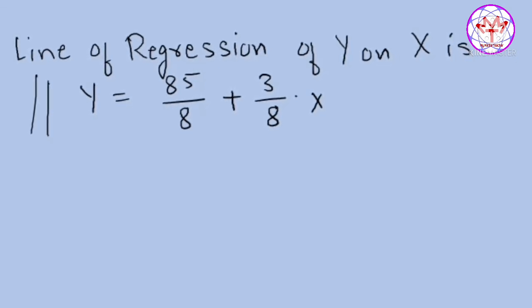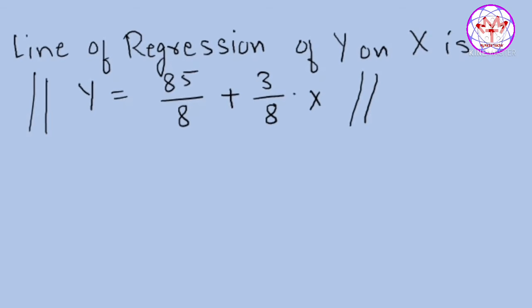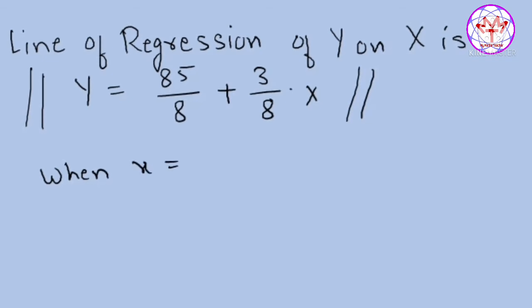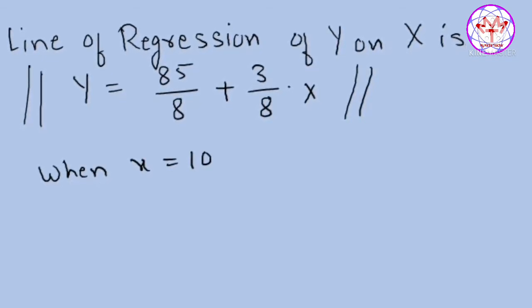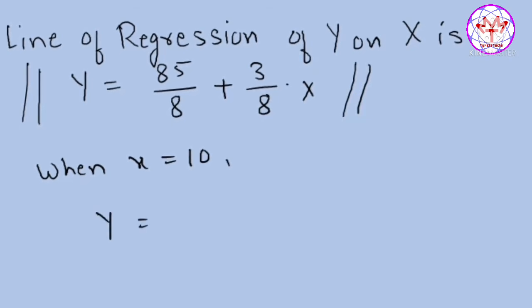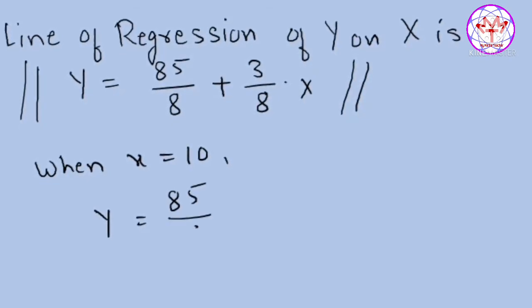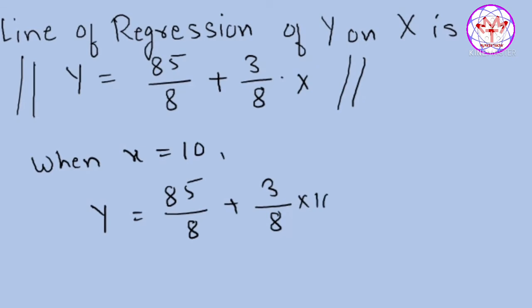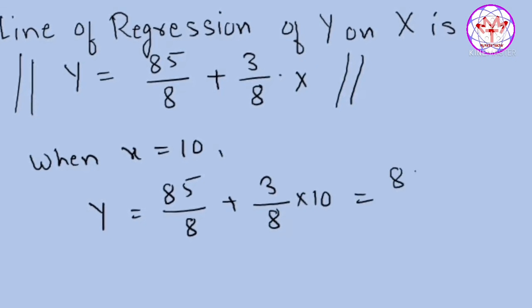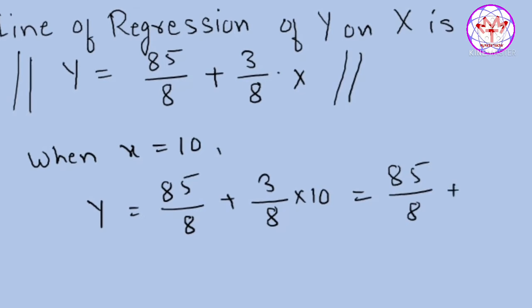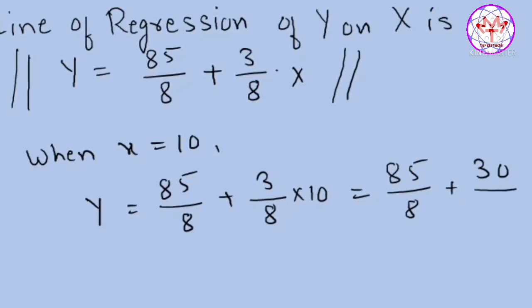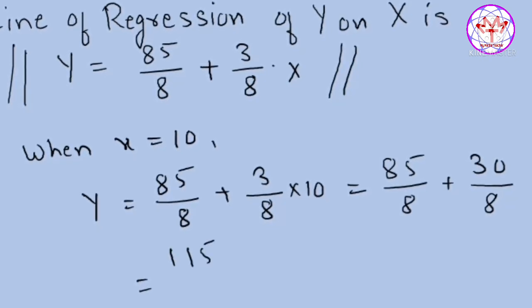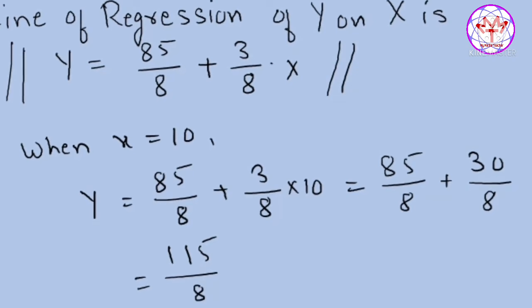We have to find the value of y when x is equal to 10. So y is equal to 85 upon 8 plus 3 upon 8 into 10, that is 85 upon 8 plus 30 upon 8. So 85 plus 30 is 115, we get 115 upon 8.